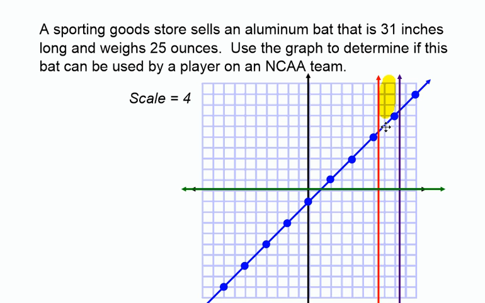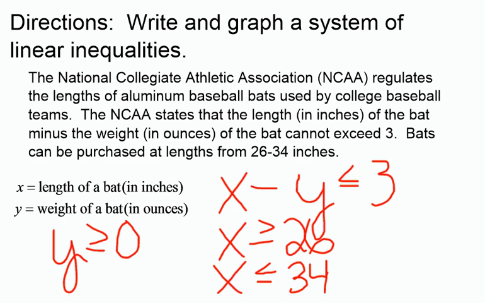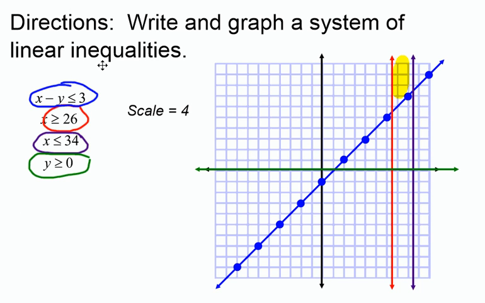Whenever in doubt, let's go back to our equation. So let's plug 31 and 25 into our equations and see what happens. So here's our equations again. Let's plug in our 31 and 25.